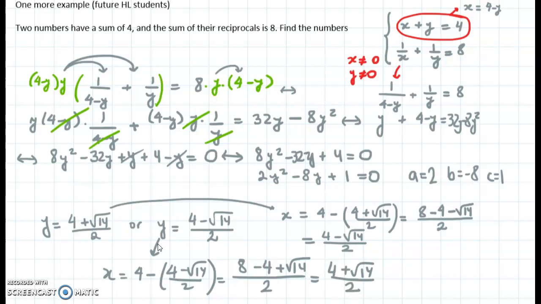So this makes sense because if you look at the original question, there is nothing particular about who is x and who is y. We say the sum of two numbers is 4 and the sum of the reciprocals is 8. So here we are getting that the numbers can be either 4 plus square root of 14 over 2, or 4 minus square root of 14 over 2. So it doesn't matter which one we call x and which one we call y.